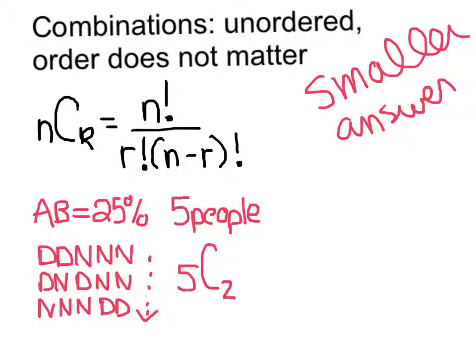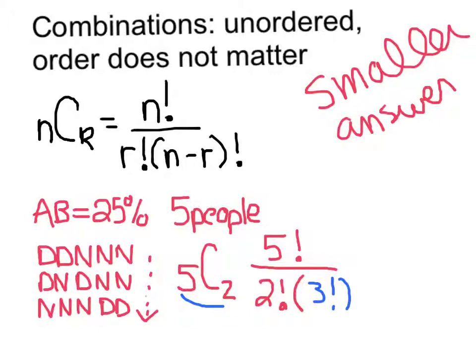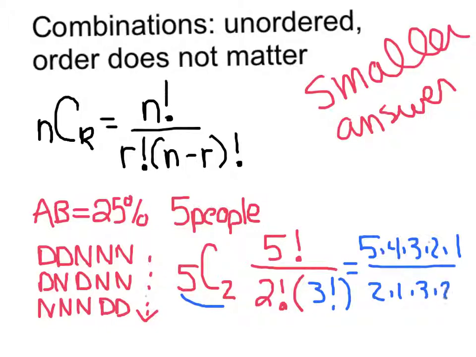And if you do it by hand, then it's 5 factorial divided by 2 factorial times, and now you're going to take these 2 numbers and subtract them, 5 minus 2 factorial, which is 3 factorial. And working them out by hand, it's 5 times 4 times 3 times 2 times 1 divided by 2 times 1 times 3 times 2 times 1.